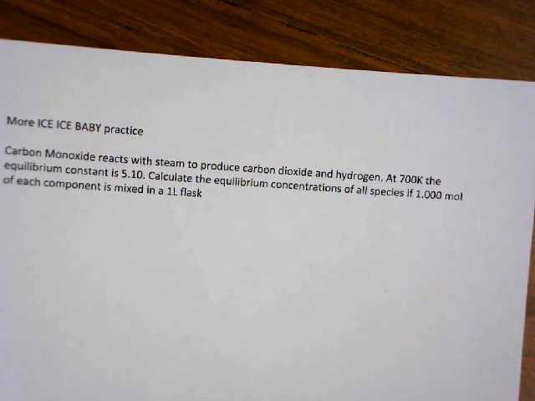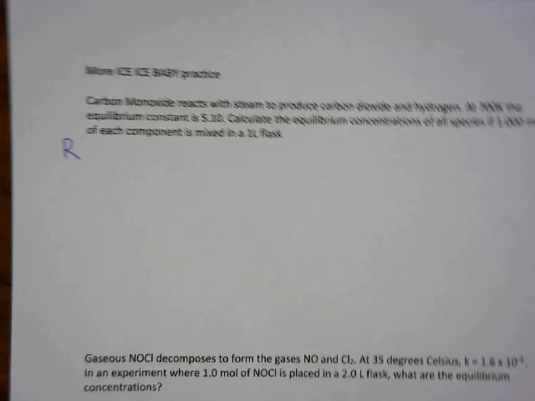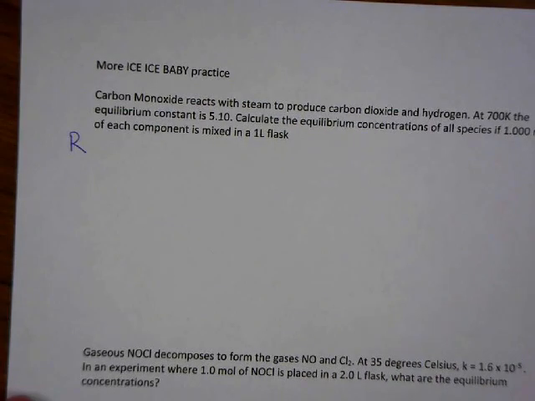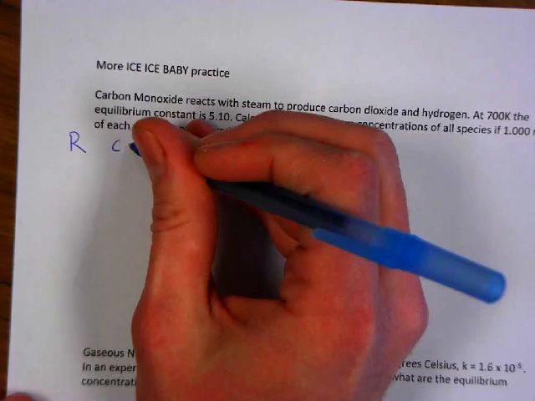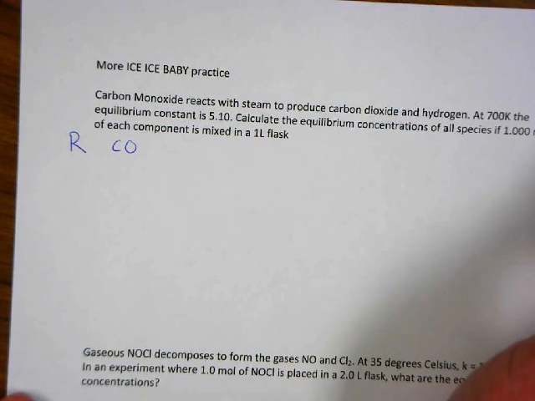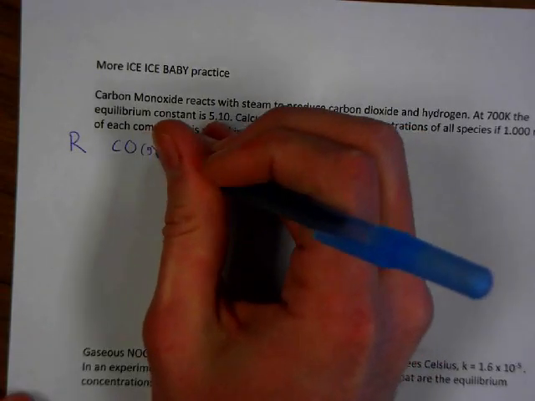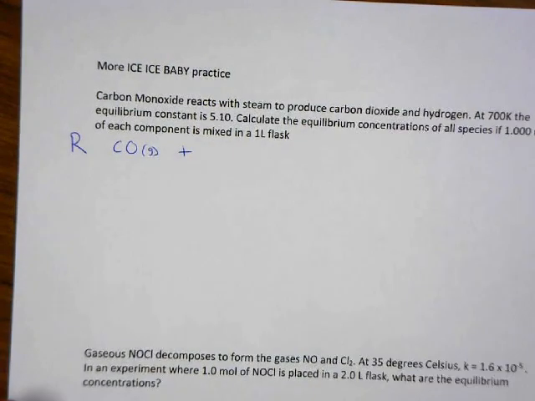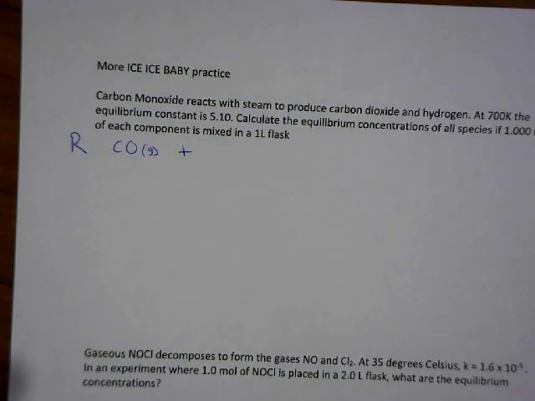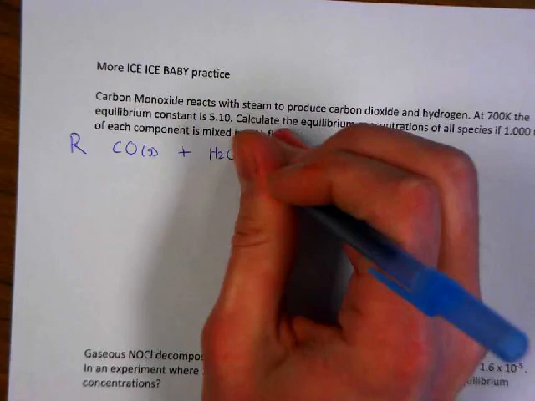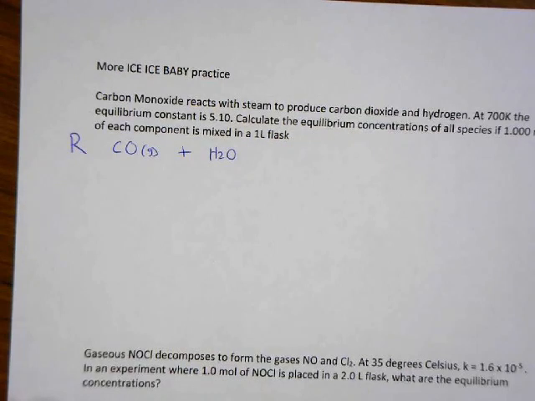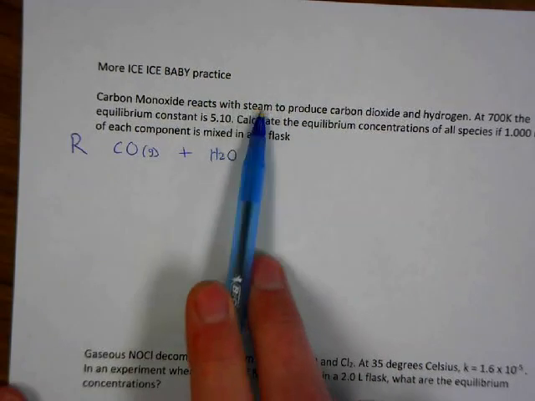Let's do the R of RICE. So for R, I'm going to have CO, which is a gas, plus what? H2O, which is a, be careful here.